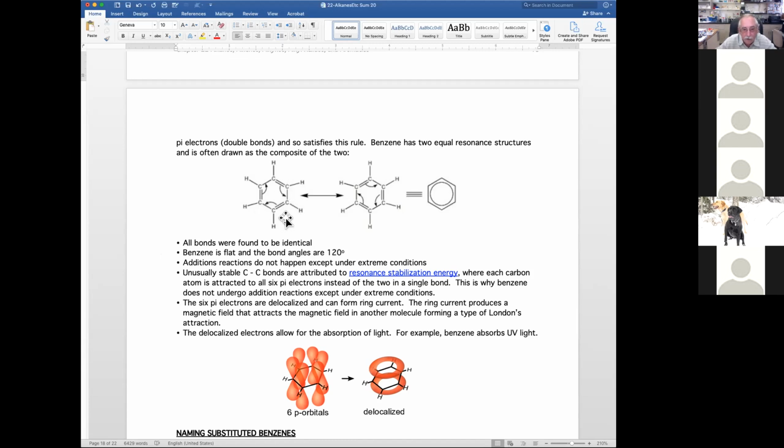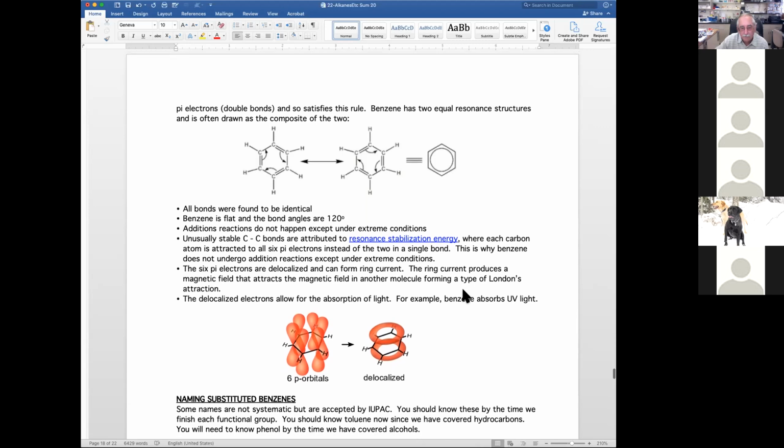So planar trigonal, 120 degrees. Addition reactions don't happen. And so the unusually stable carbon-to-carbon bonds were attributed to resonance stabilization energy. So anyway, we'll look at that in a second.